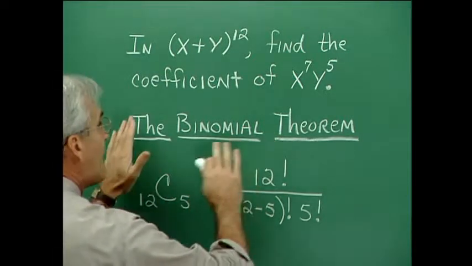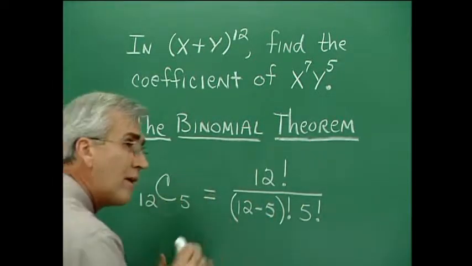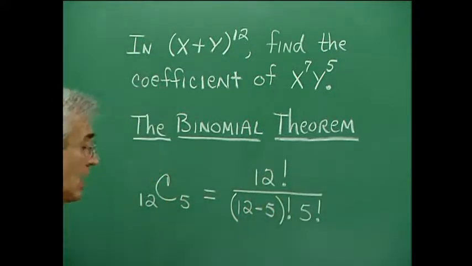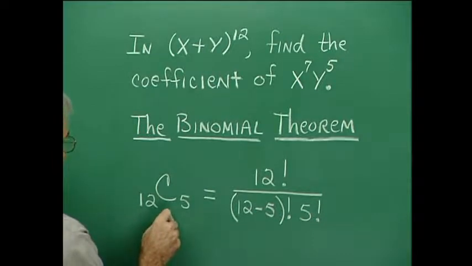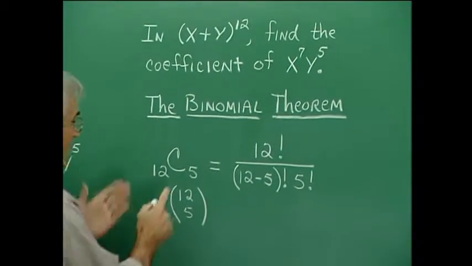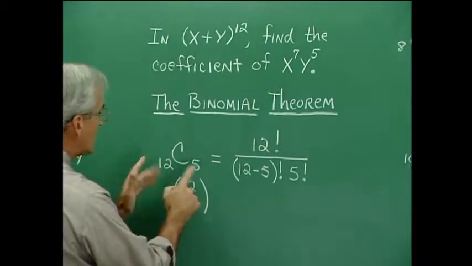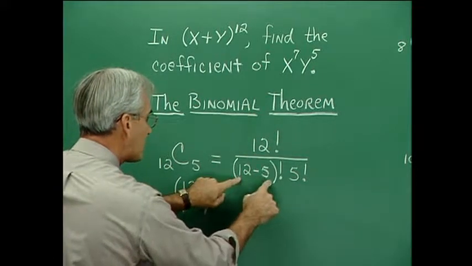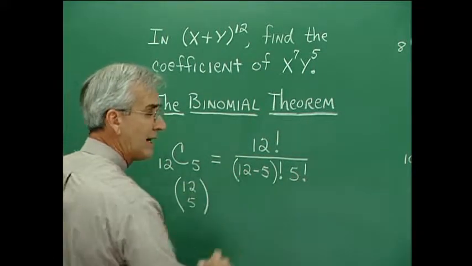Now by the binomial theorem, that coefficient is given by this notation and this calculation. The notation here is read: this is the combination of 12 things taken 5 at a time. And another way to show the exact same notation is to do this. This says the same thing. And the calculation associated with this is 12 factorial over 12 minus 5 factorial times 5 factorial.